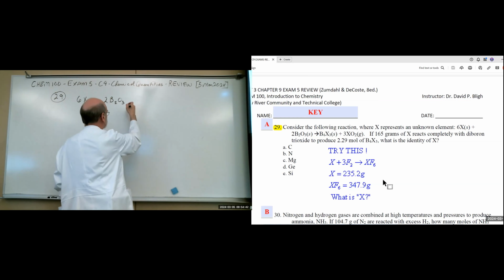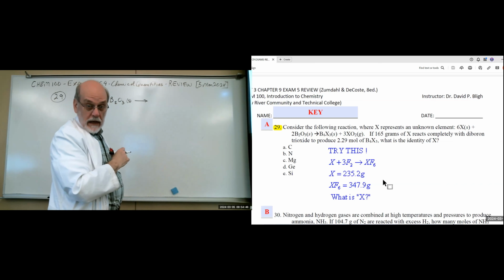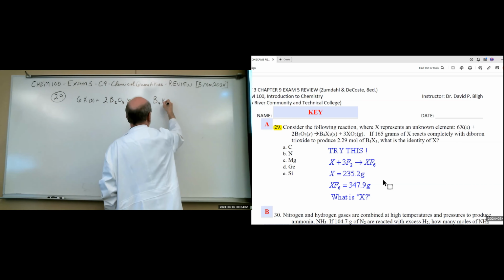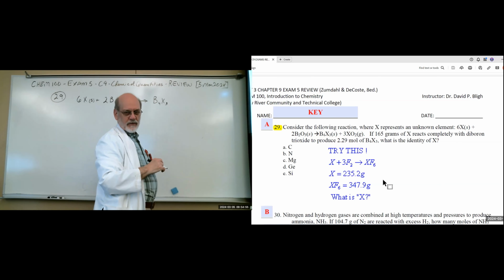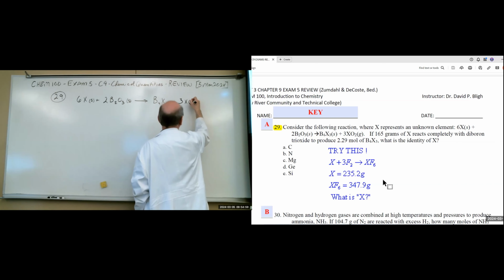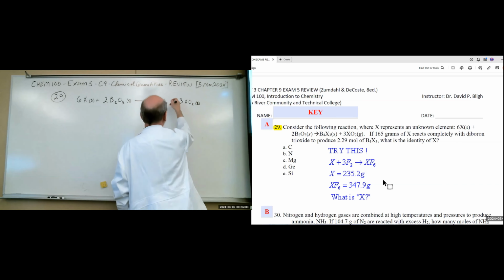That's a solid also. Yields whatever this is, we can't name it because we don't know what X is. And then 3XO2 gas. Let's see, what's this one? This is a solid also.